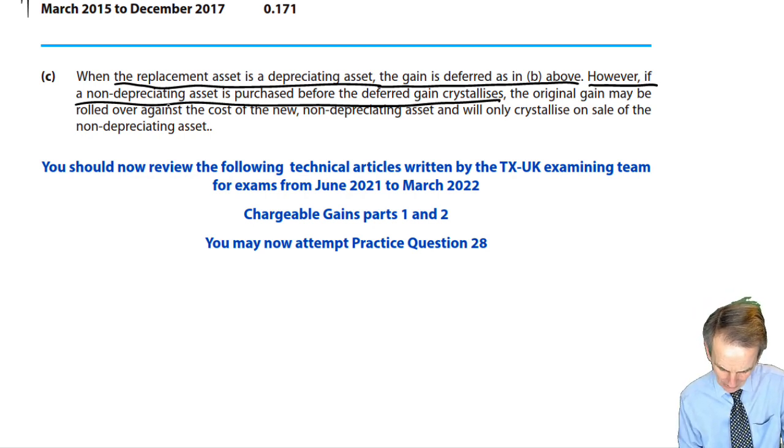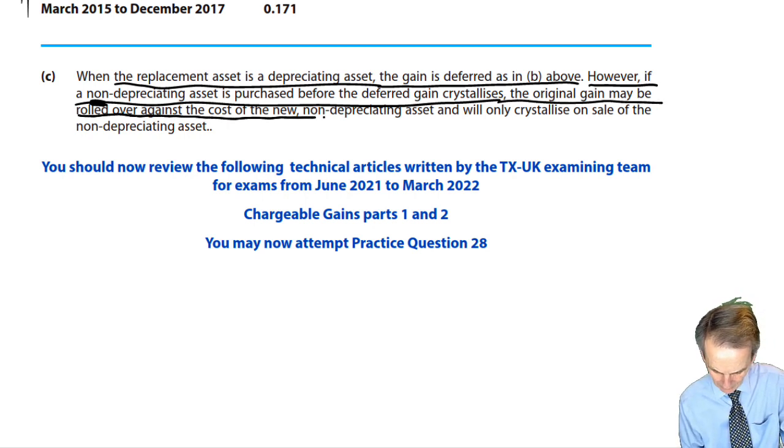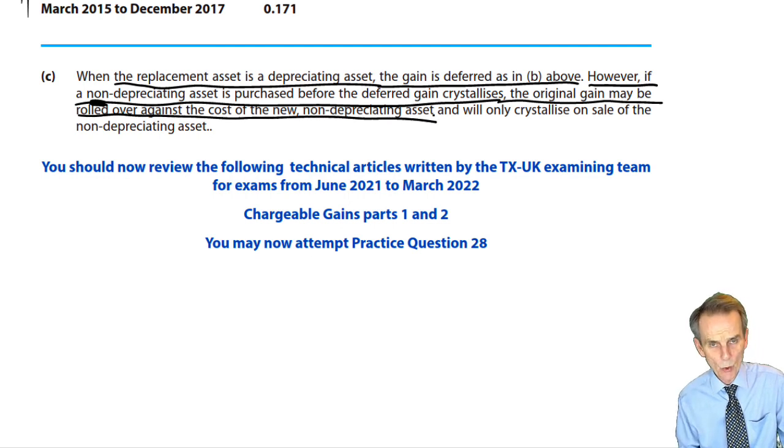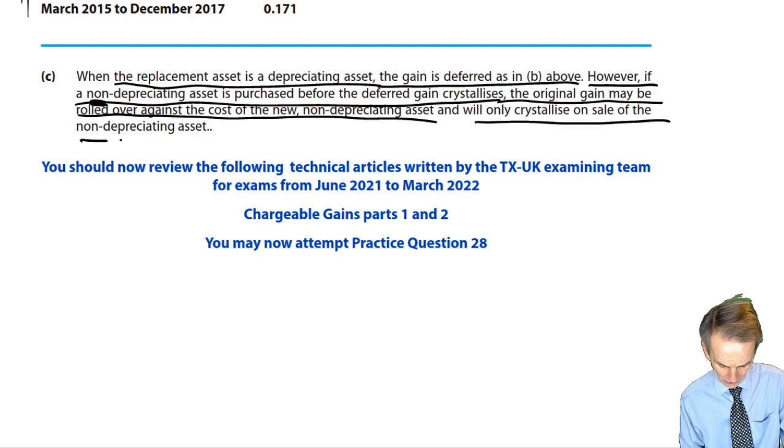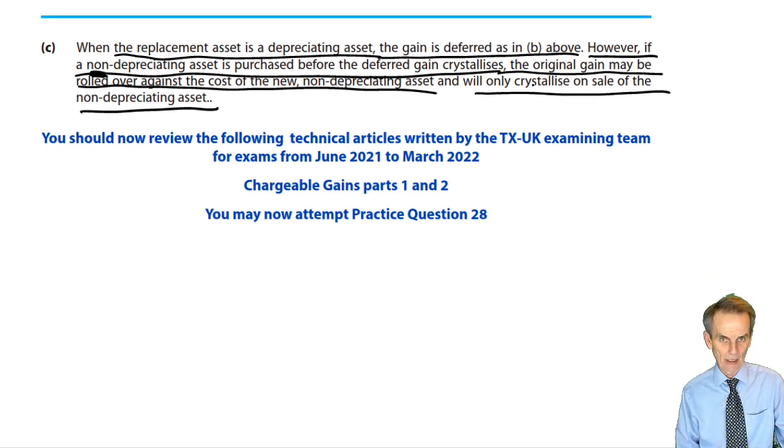But if a non-depreciating asset is purchased before the deferred gain crystallises, the original gain may then be rolled over against the cost of the new non-depreciating asset. That will only crystallise on the sale of the non-depreciating asset.